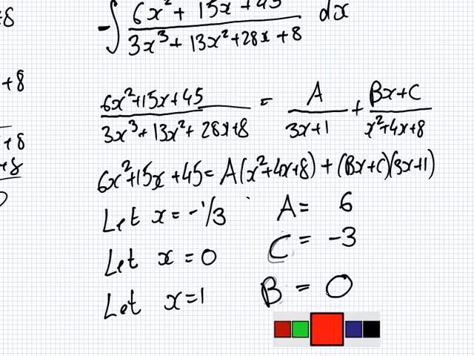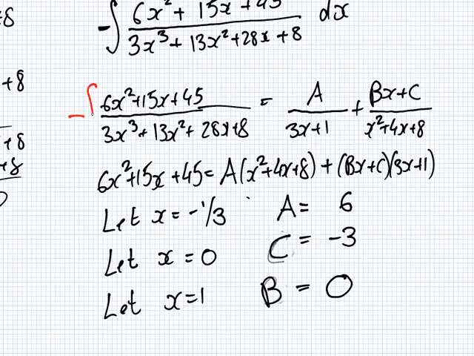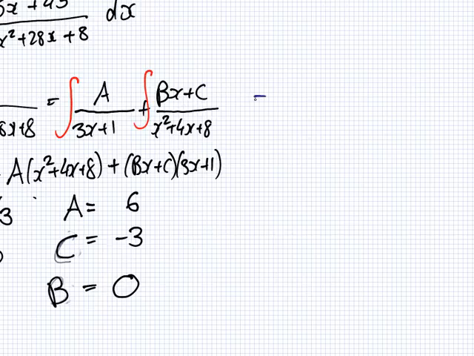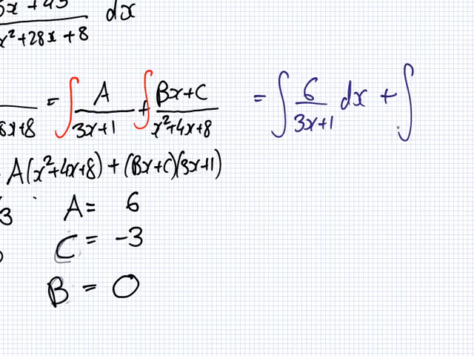So our problem was to integrate this here with a minus. So now our problem has become integrating this. And also don't forget, I need to put a minus in my answer at the end because there's a minus there. So let me just write out what we have here for A and B. We now have integrate 6 over 3x plus 1 dx plus integrate minus 3 over x squared plus 4x plus 8 dx.